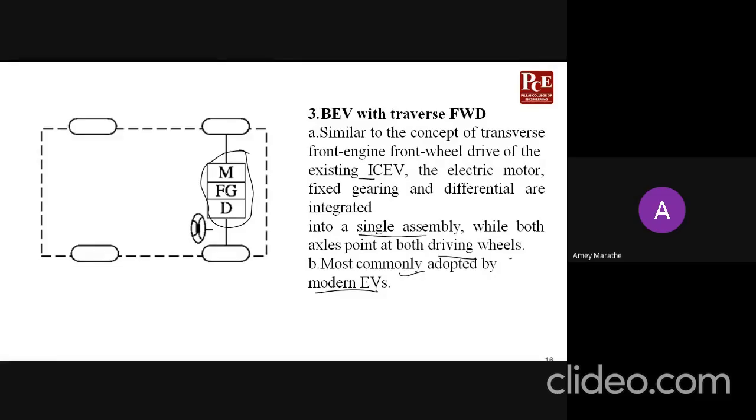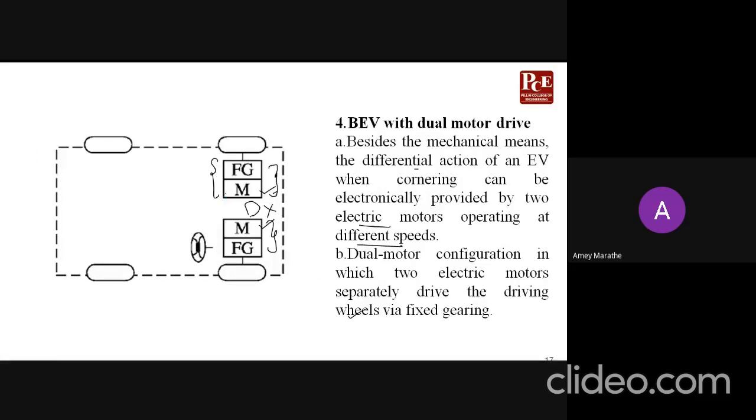Fourth, we no longer require a differential even. Why? Because now we have a split drive or a dual motor drive. We still require some mechanical means, because we still have these half shafts which are connect the wheels.